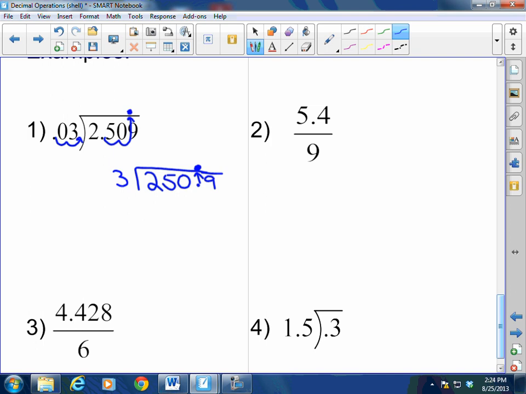Now let's divide as normal. 3 doesn't go into 2, but it goes into 25 8 times. Please notice that I placed the 8 above the 5, because 3 goes into 25 8 times, okay? Always put the number over the value that it's going into. So 3 goes into 25 8 times.